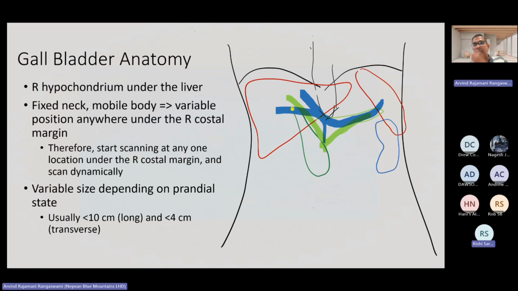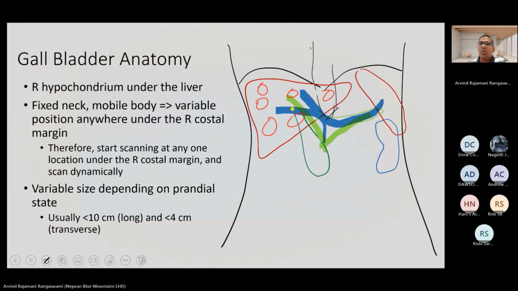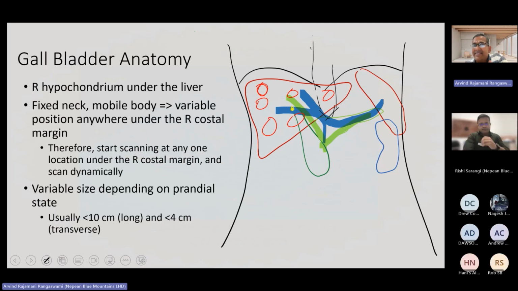Okay. Now, once you get the liver, you're either going to be here or here or here or here or here or here. Okay. Then what? Suppose you only see the liver and you don't yet see the second structure, then your job is to slide the probe in any one direction to look for that second structure.